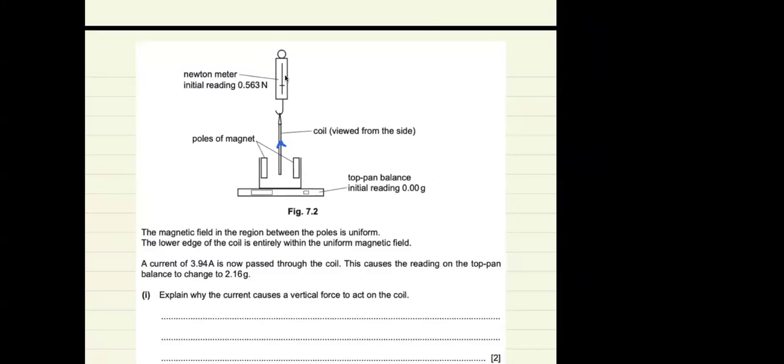So this is really easy to explain in terms of Fleming's left-hand rule, right? So my second finger is going to point either up or down, and my field is in a certain way. So because this current is in a magnetic field, it is going to cause a vertical force on the coil, right?